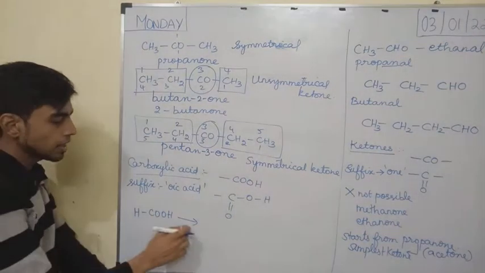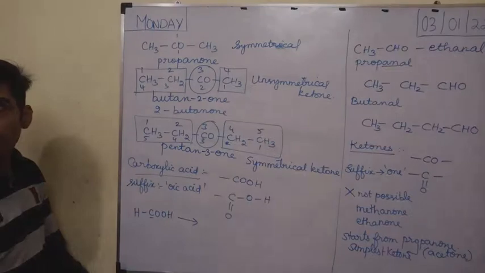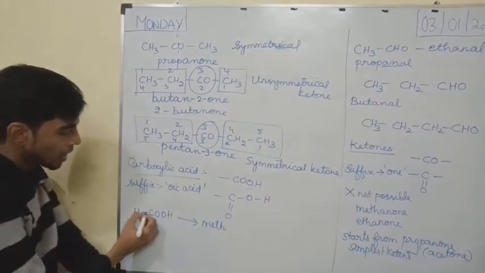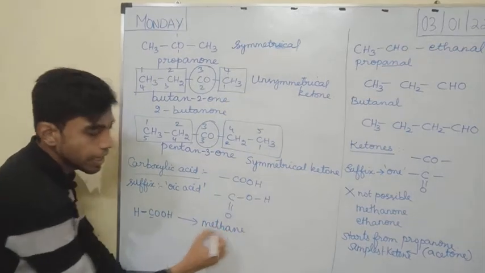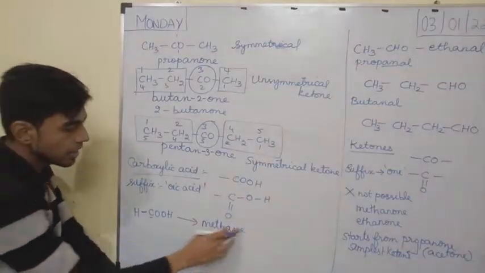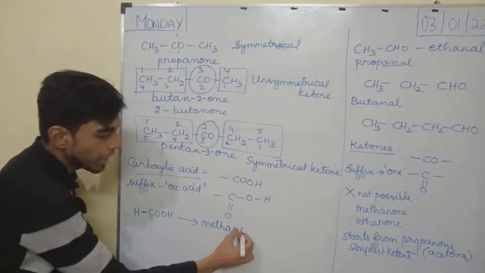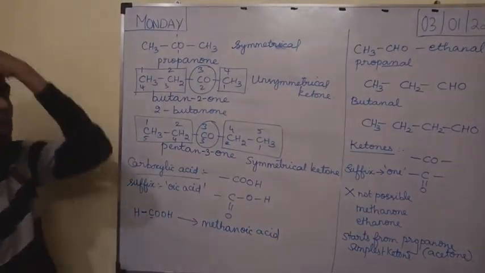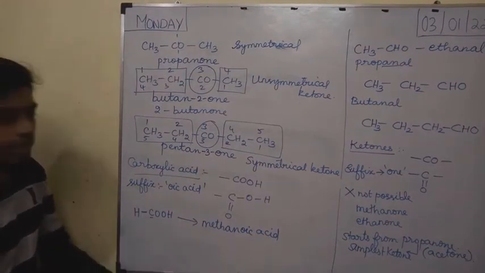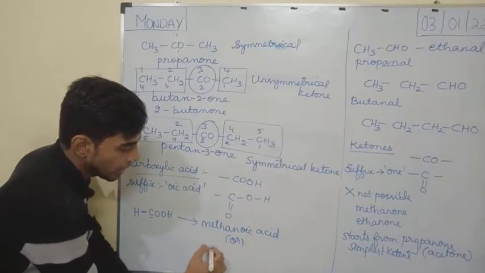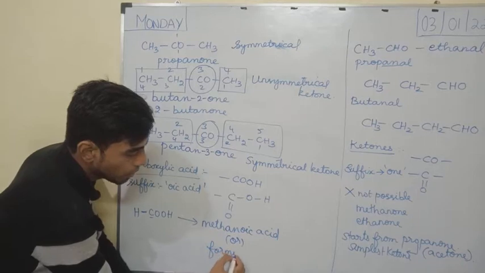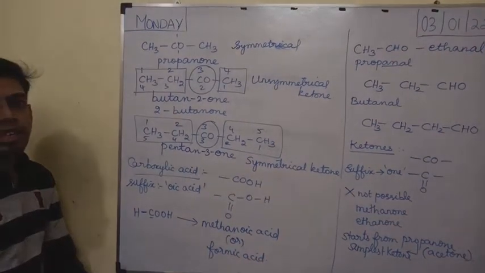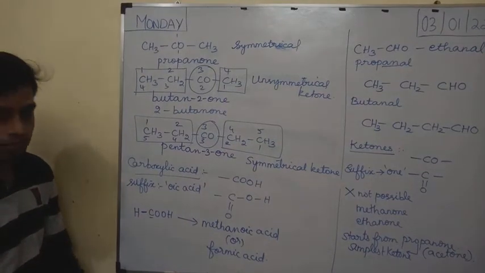How many carbons are there? 1 carbon, so single bond, meth-. For carboxylic acid, instead of e, we add -oic acid. So the name of this compound is methanoic acid, or formic acid. This formic acid is present in insects.